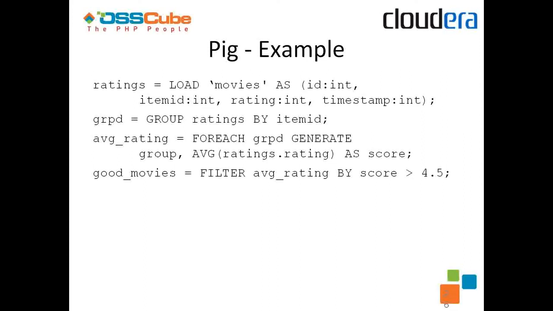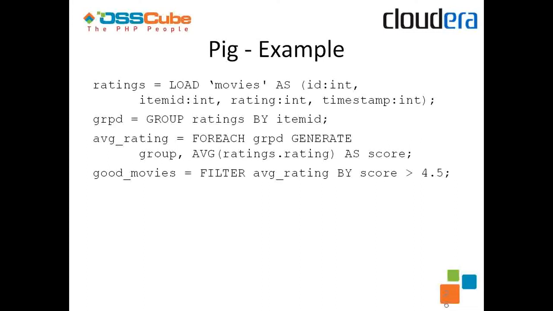Then I can do a group on them, and notice I do the group on the first bag. So on the left I have a bag called ratings. Then I say, group my ratings by item ID, and put the output in a new bag called GRPD. Then I can start processing GRPD and say, for each group in GRPD, output the group and the average rating, and name the average rating score, and put that in a new bag.